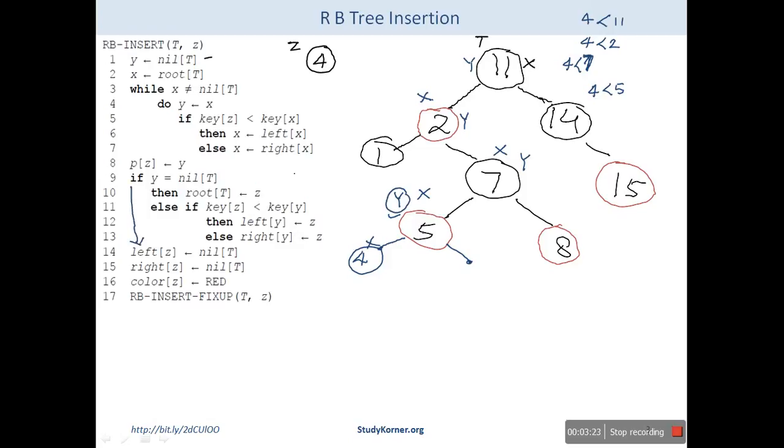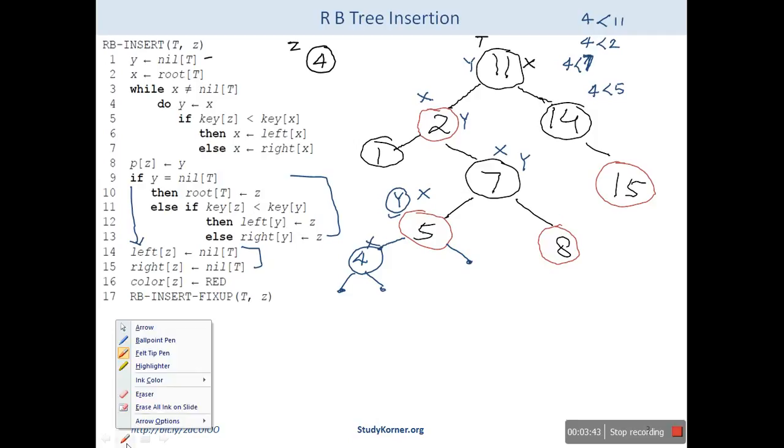This condition is for when we have only one node in our tree, where y is equal to nil of t. In line 14 we make the left and right of 4 nil by these two lines and make the color of z red.